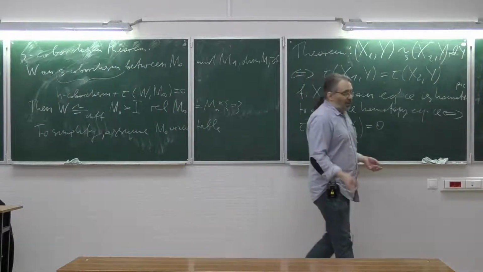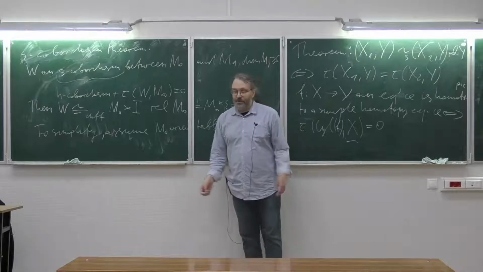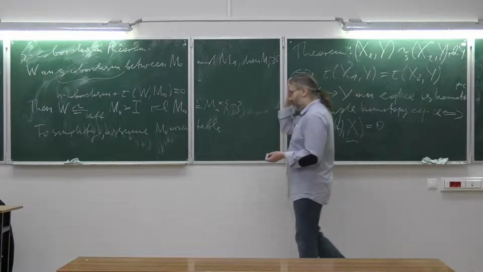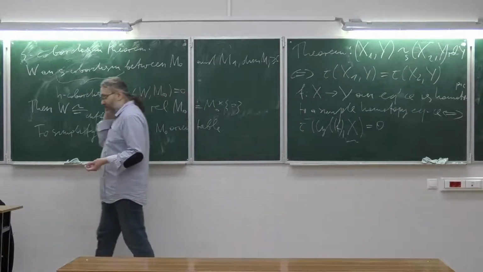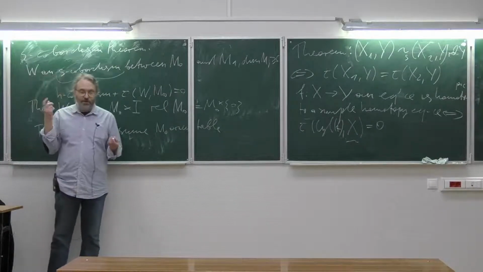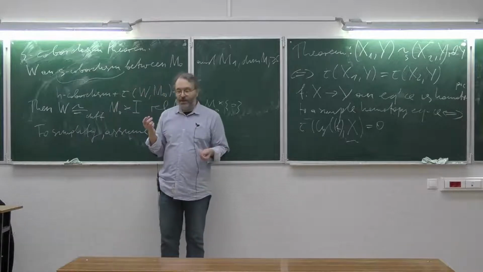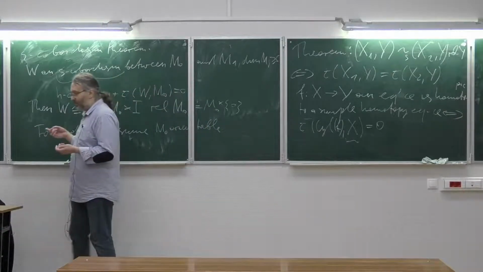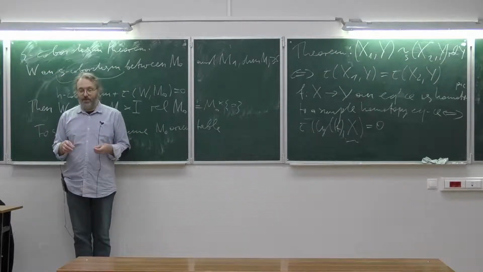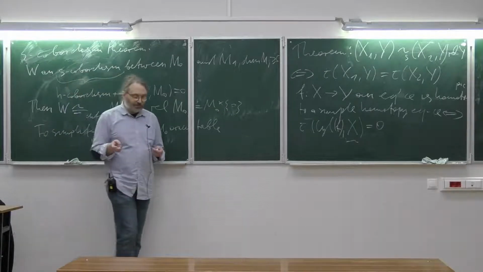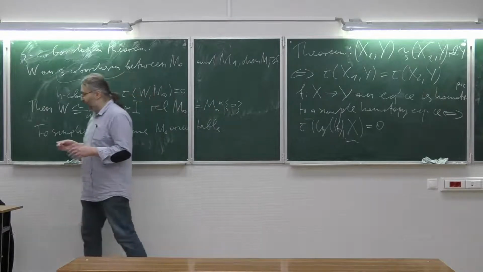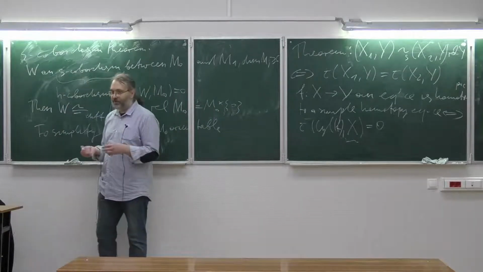This was automatic in the simply connected case, but in general, the intersection index will be in the cohomology with coefficients in some local system. Well, let's not worry. Let's just make this assumption.